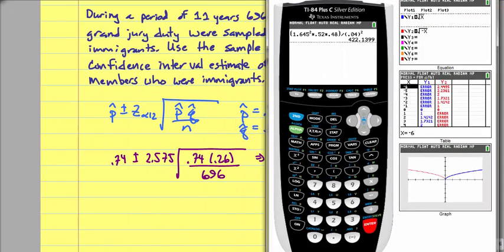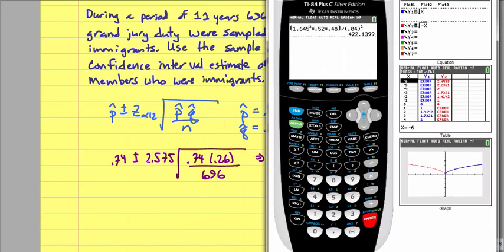For our margin of error, I basically put in everything after the plus or minus sign. So I have 2.575 times the square root. Now I have to be careful how I put this in. 0.74 times 0.26 divided by 696. Now this is going to give me my margin of error of 0.0428.